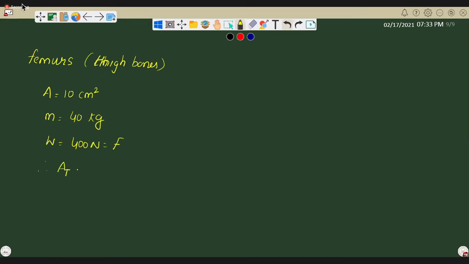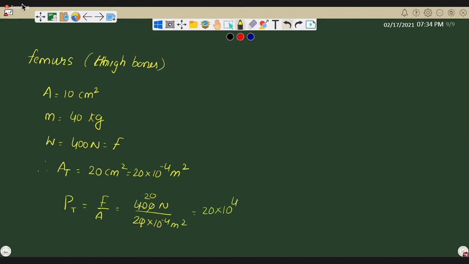Therefore, total area is 20 centimeters square, which is equal to 20 into 10 power minus 4 meters square. So pressure is equal to force by area. So 400 newtons divided by 20 into 10 power minus 4 meters square, which is 2 into 10 power 5 newton per meter square.